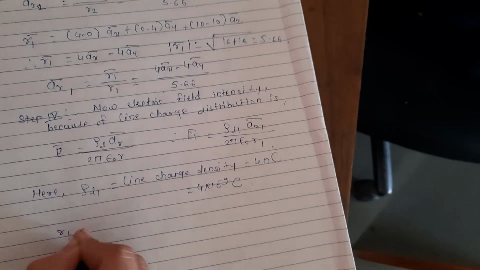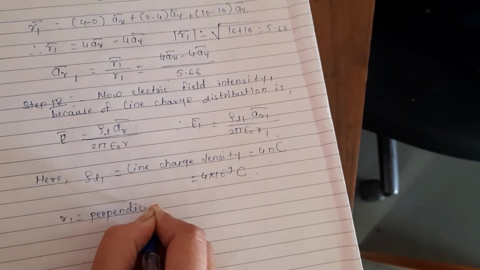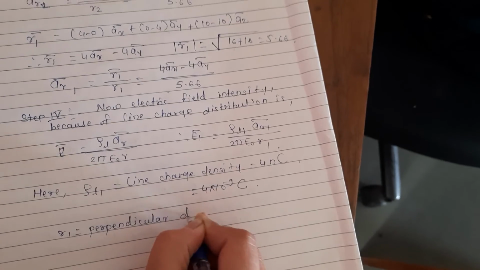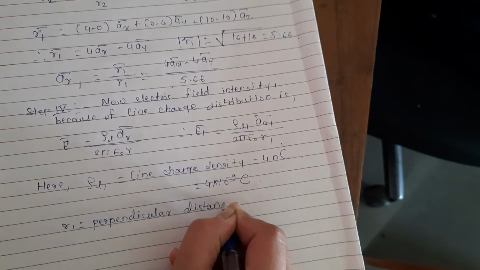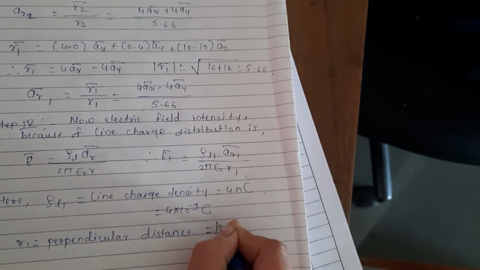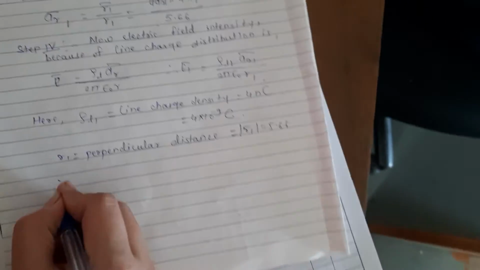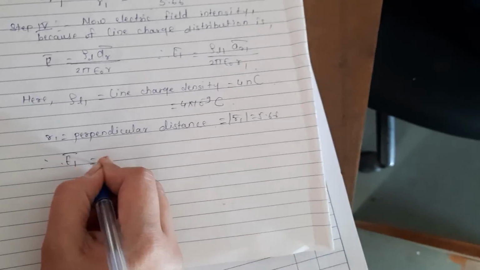And what is R1? It is the perpendicular distance, so it is 5.66. Now we have to substitute the values in the equation of E1 bar.